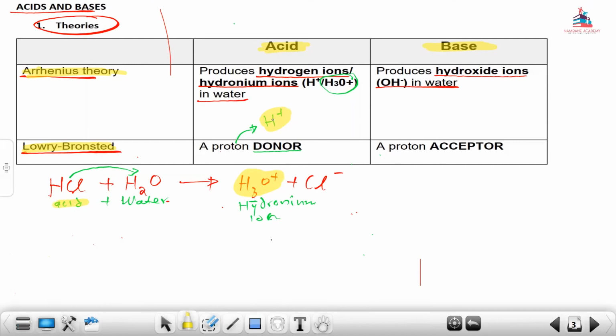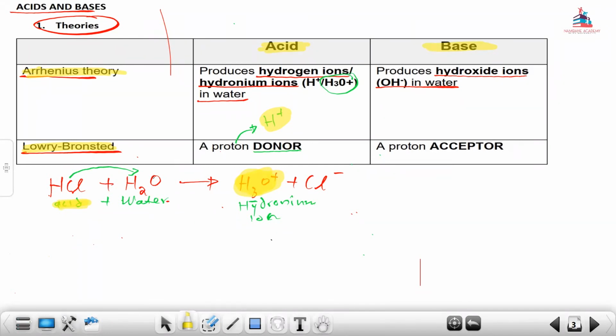So they are saying the same thing, but one is focusing more on the product, which must be H3O+. The other one is focusing more on the substance that will donate a proton.